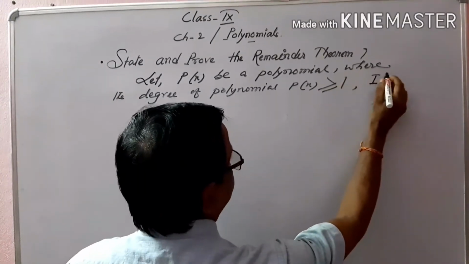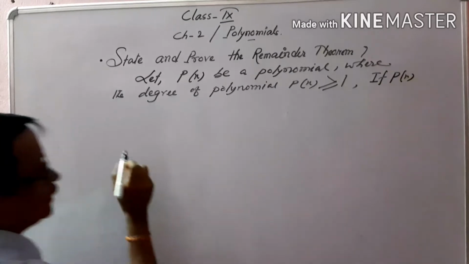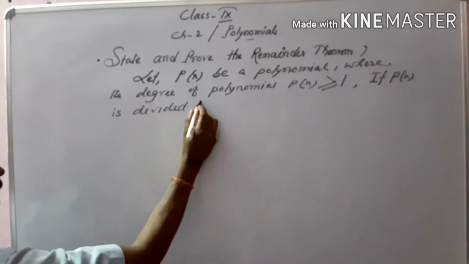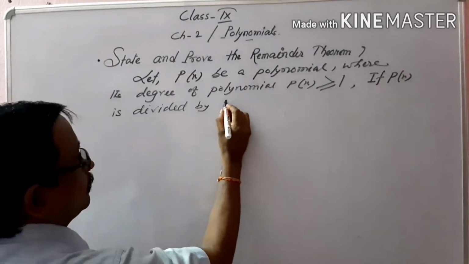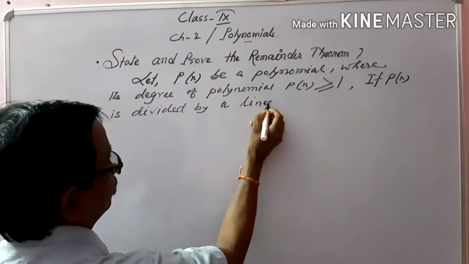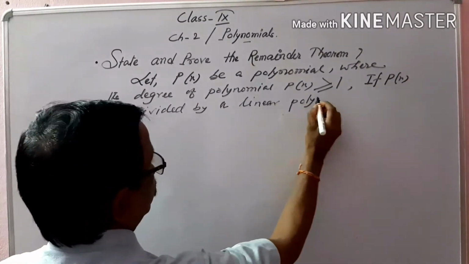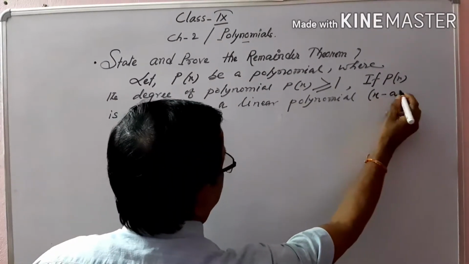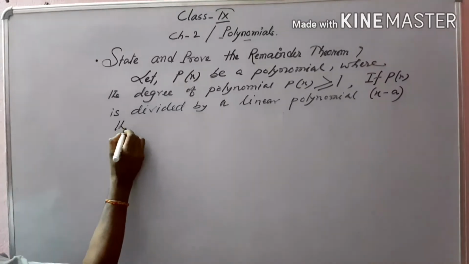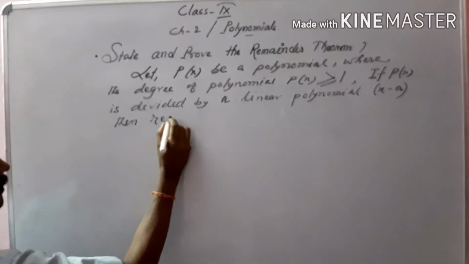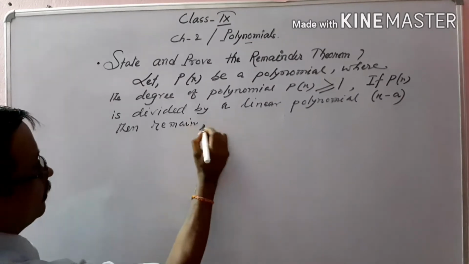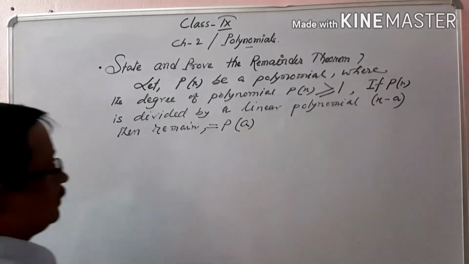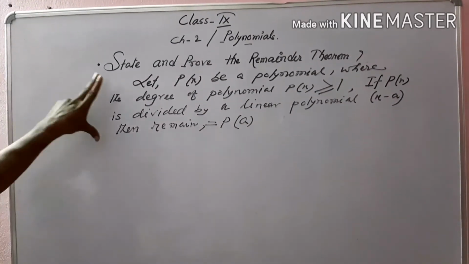If P(x) is divided by a linear polynomial x minus a, then the remainder is P(a). Then remainder equal to P(a).